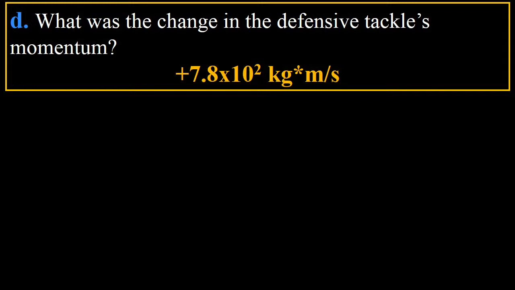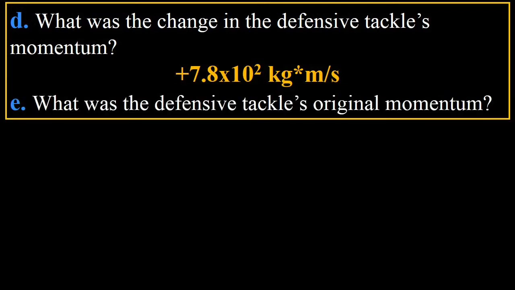However, it's a change, so it's going to be final minus initial. So it's going to be 0 minus a minus value. When it asks what was the defensive tackle's original momentum, it has to be negative because, again, it's final minus initial.